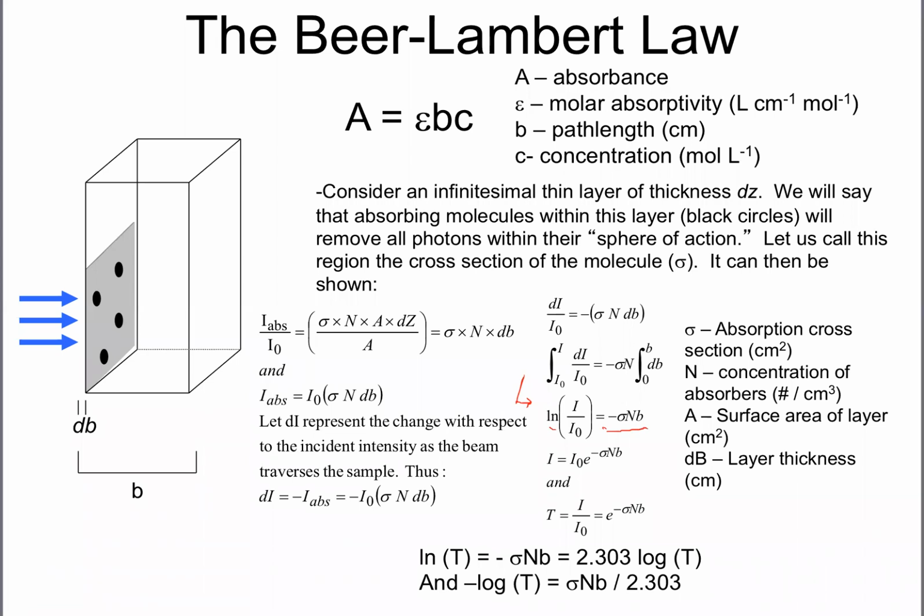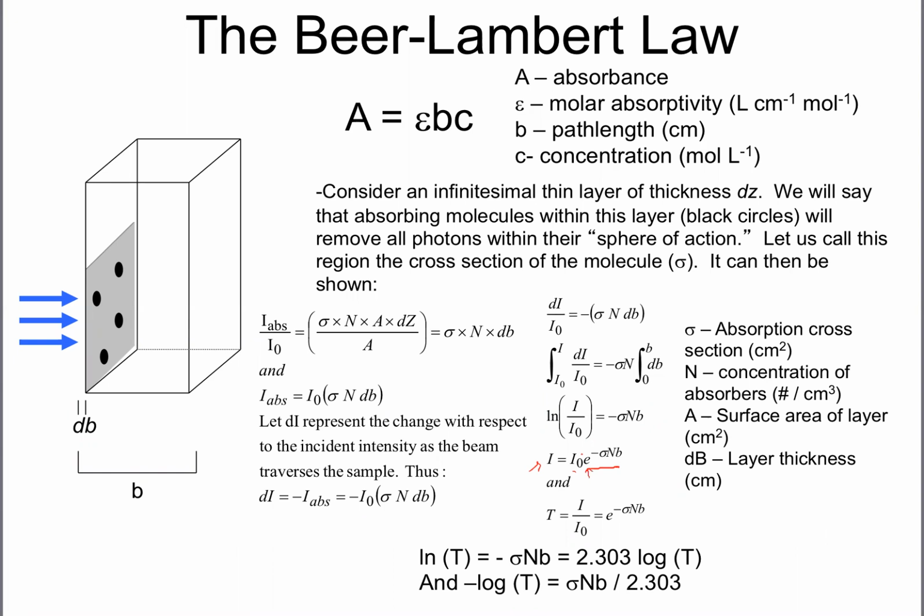Now, this equation is starting to look like our Beer-Lambert law, and maybe you don't see that yet. So I'll rearrange it and solve for I, the light intensity, which equals I0 times e, the base for natural logarithms, raised to the negative sigma n B. We had to introduce that e because we took the anti-log.